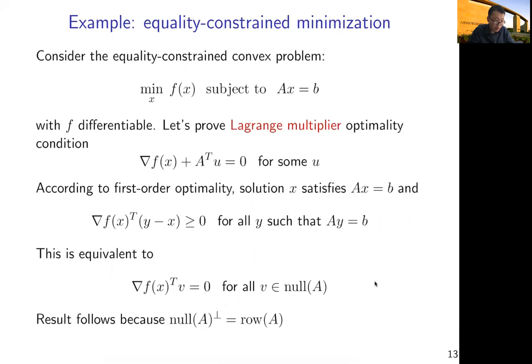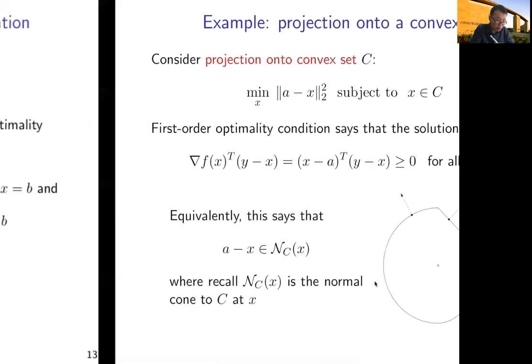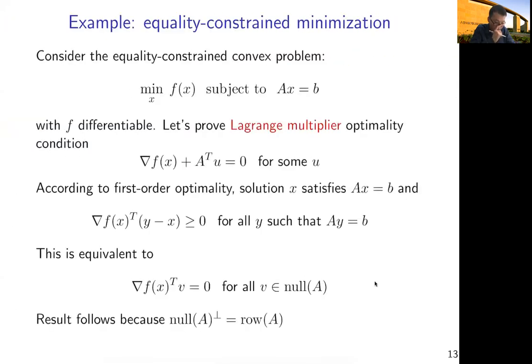So now if we move to the general equality constrained minimization, many of you might have seen the method of Lagrange multipliers to deal with constrained optimization with equality constraints. What you might have seen is that the optimal solution is characterized by this equation, right? There exists some u such that the gradient of f plus A transpose u is equal to 0.